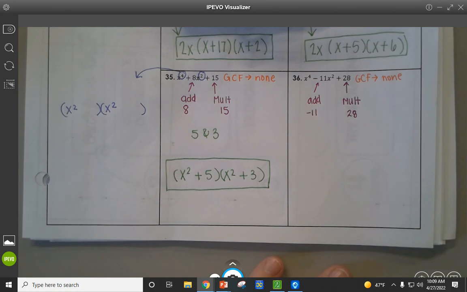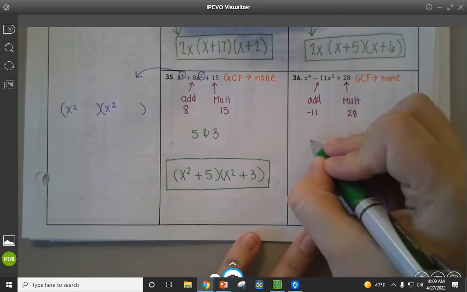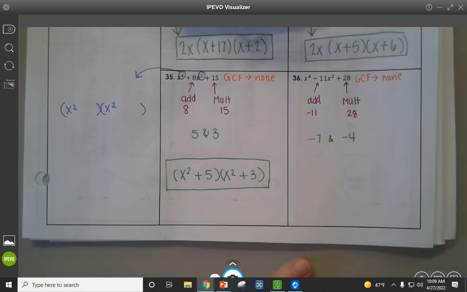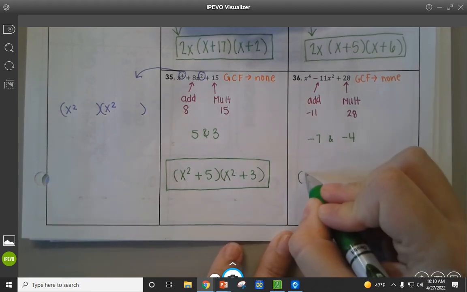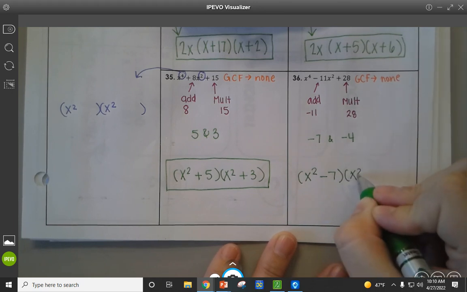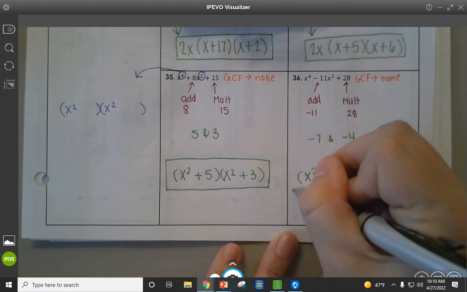See if you can come up with them. Luke, you got them? Negative 7 and negative 4. So in my parentheses, I put x squared minus 7 and x squared minus 4.